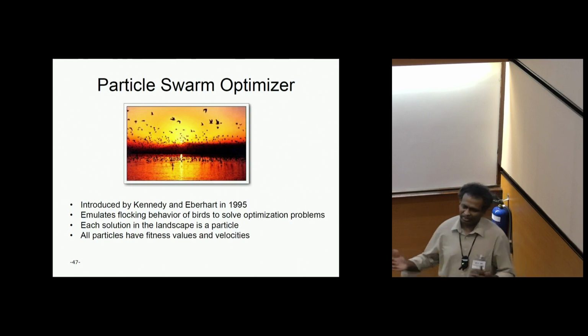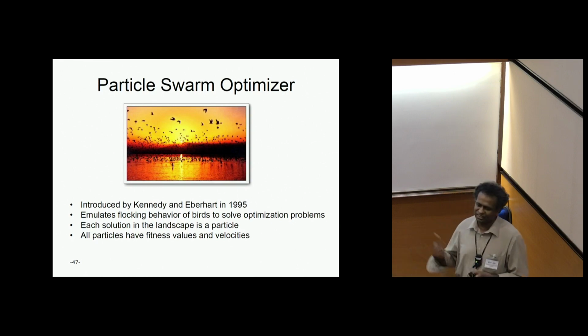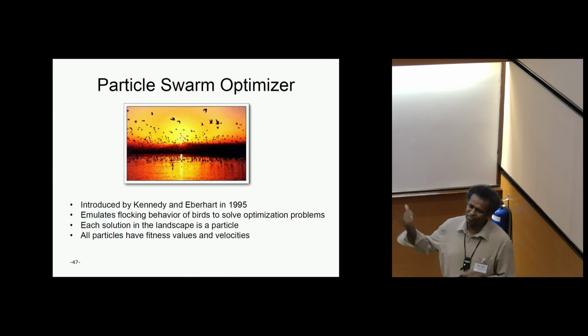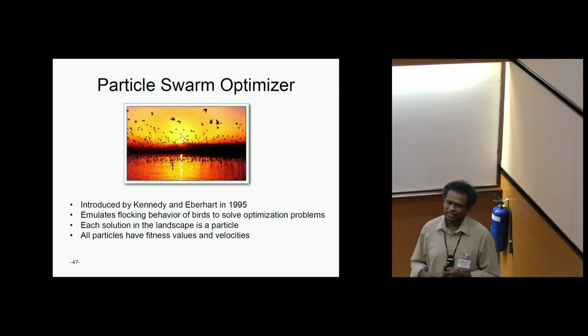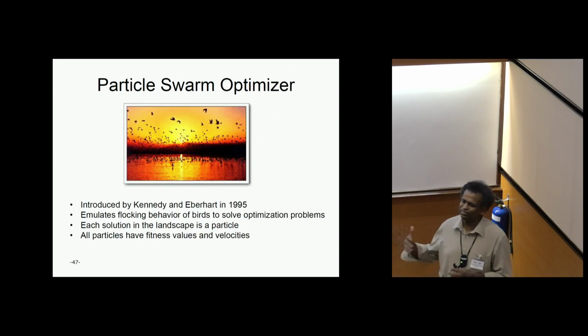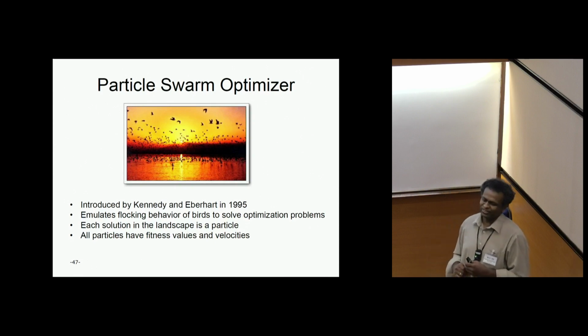They were announcing this. Actually, I was at the same conference when they published the first paper in Perth, 1995, the International Conference on Neural Networks. I was at the conference, but I didn't attend the session, so I didn't get to know this one in '95.